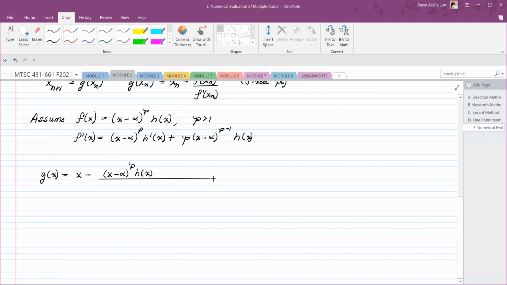And in the denominator we get all this other stuff: (x minus alpha) to the p times h prime at x plus p times (x minus alpha) to the p minus 1 times h of x. All righty. So let's factor out what we can.